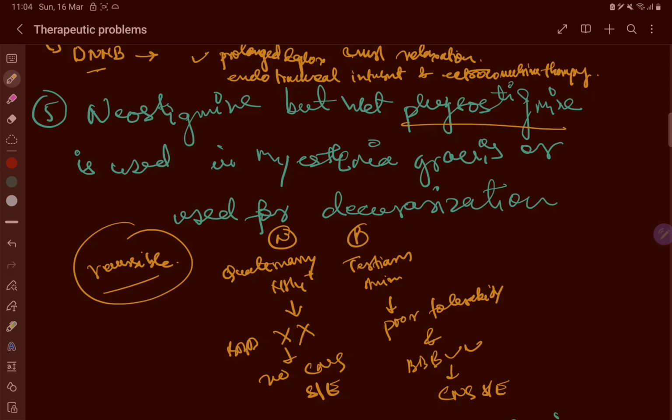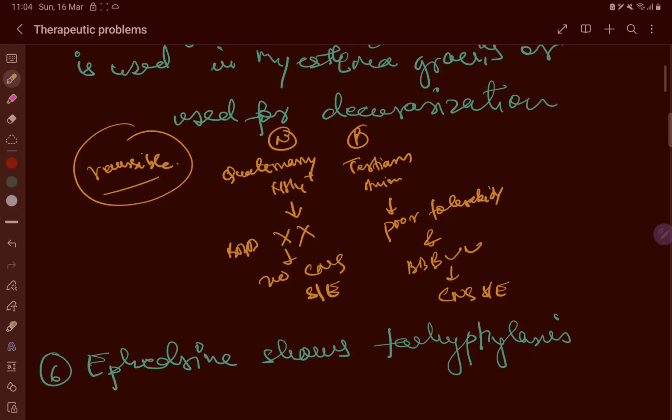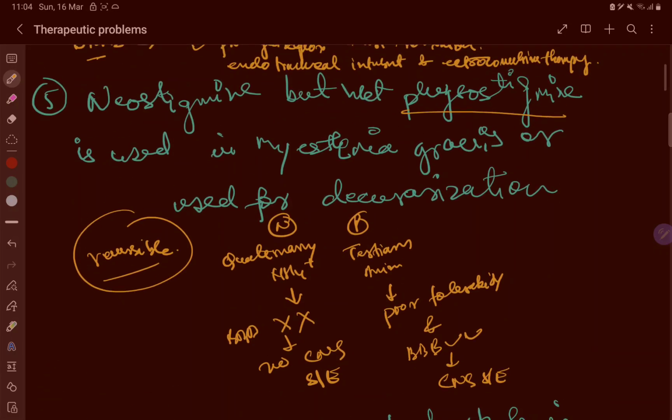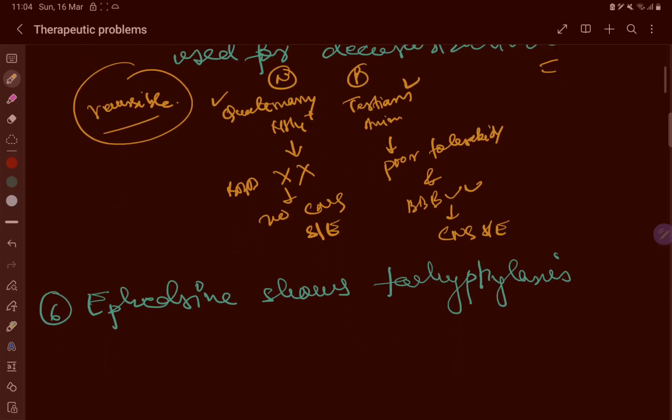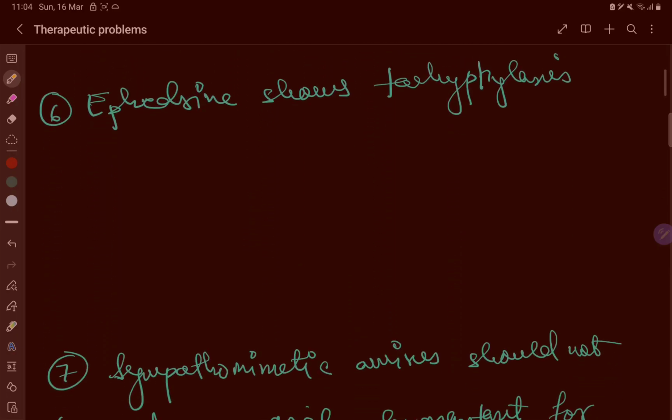So I believe you are understanding these basic things, like how and why you can use this structure to answer related questions, and how you can explain the typical therapeutic problem, right? Now, ephedrine shows tachyphylaxis. Number one, receptor desensitization.